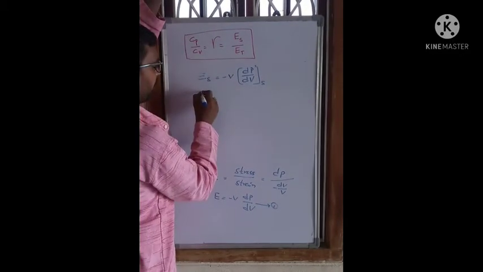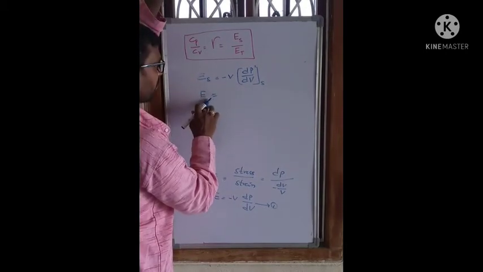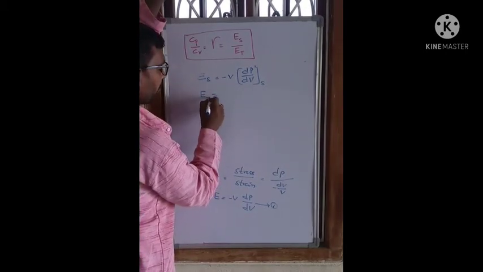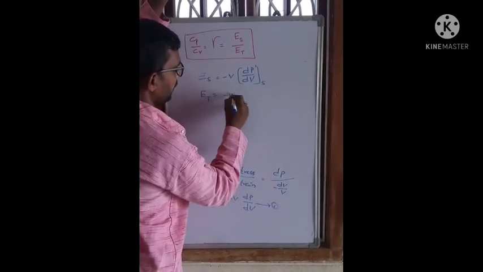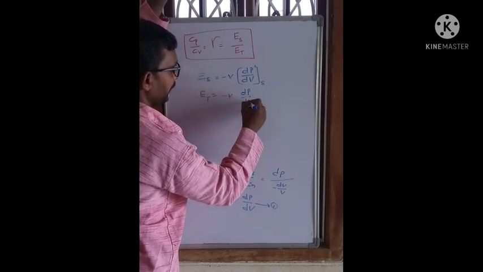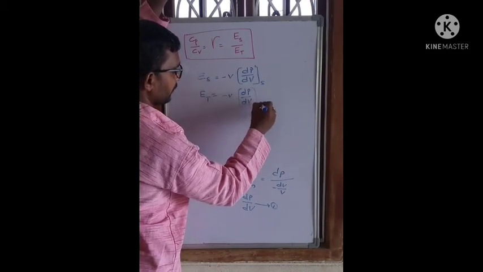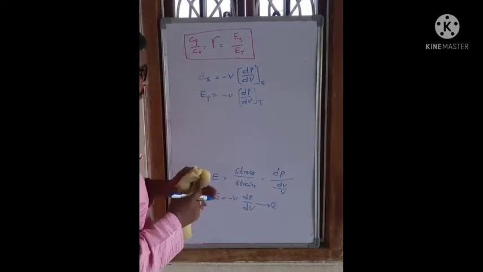And similarly, elasticity in isothermal process, where the temperature is constant, so Et equal to minus V into dP by dV at a constant temperature.